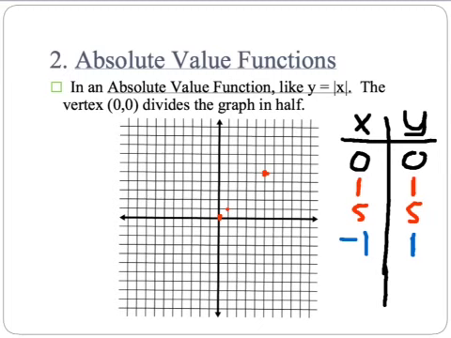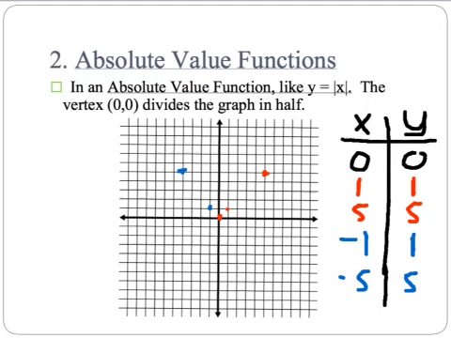So that means we're over here on the negative 1, but we're still at positive 1. What if we subbed in negative 5? If you sub in a negative 5, you get 5. So again, we go to negative 5 on the x, and we go up to positive 5 on the y.